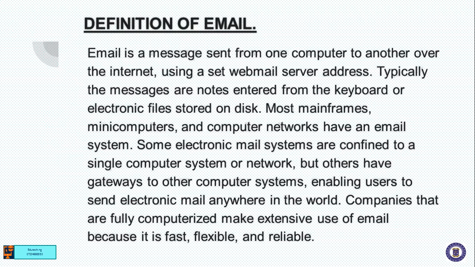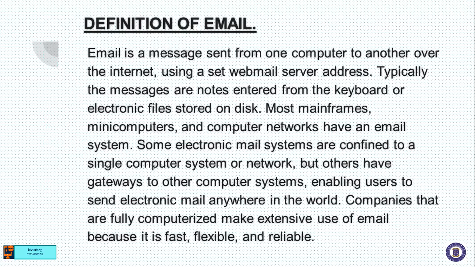Companies that are fully computerized make extensive use of email because it is fast, flexible, and reliable. It is very fast because it is sent through electronic means. It is flexible. It is easy to manipulate.